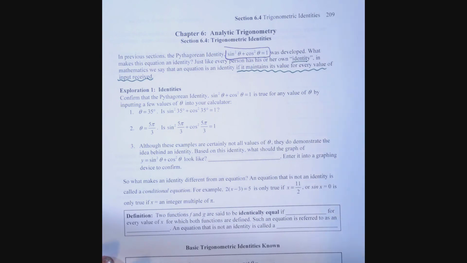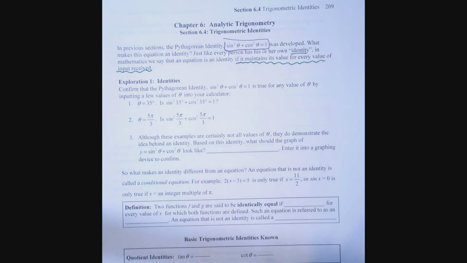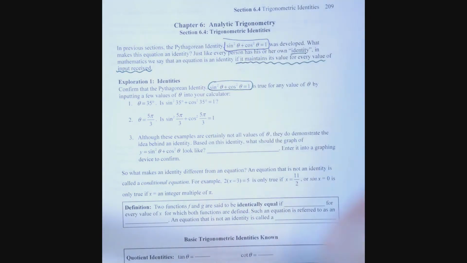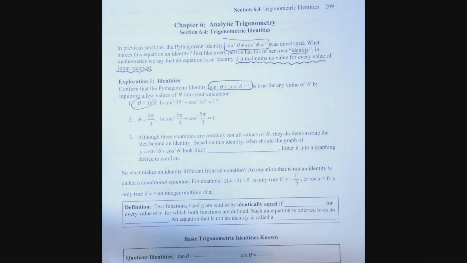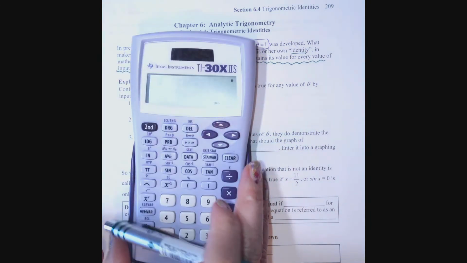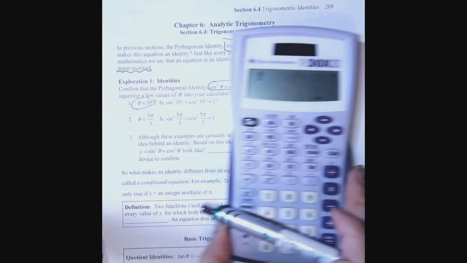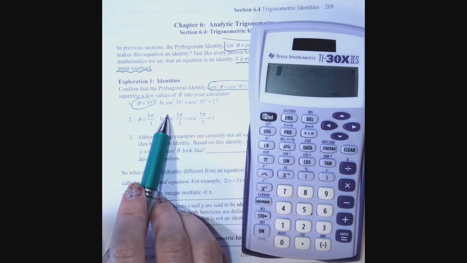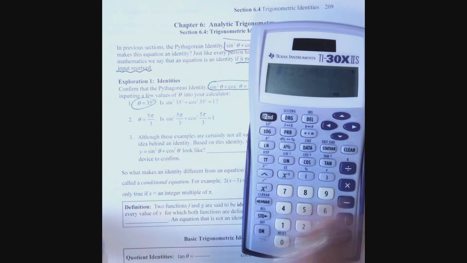For example, now it gives just a couple of examples of how you could confirm that our Pythagorean identity is going to be true for any value of theta. It gives you a couple of suggestions. It says, okay, what if theta is 35 degrees? Well, if theta is 35 degrees and our Pythagorean identity is true, then sine squared 35 plus cosine squared 35 should be 1.